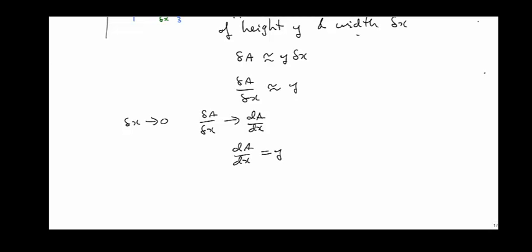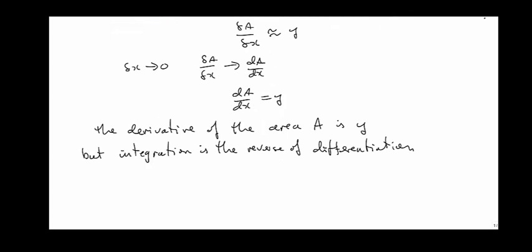So what we have here is the derivative of the area is y. And as integration is the reverse of differentiation, we have A equals the integral of y dx.